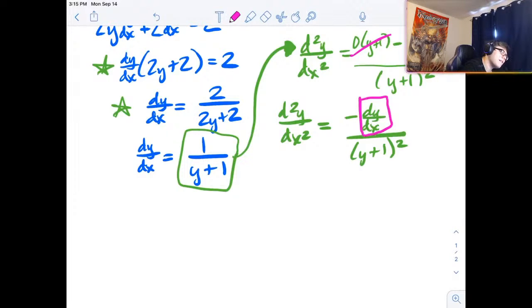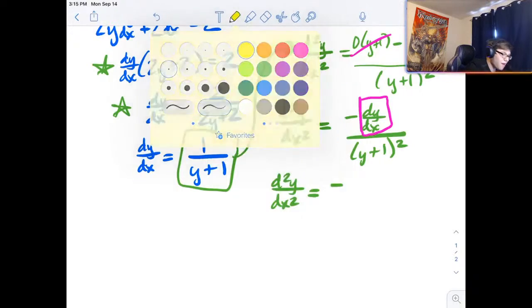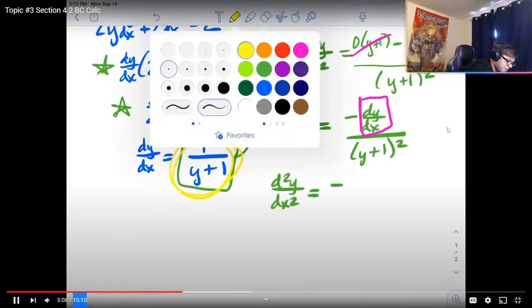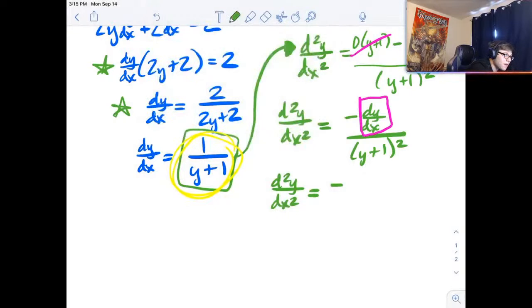So what we have to do is go back and reinsert whatever the first derivative equation was. That's very important to note. Right over here, this is the first derivative equation. So in other words, we're not allowed to call it dy dx.